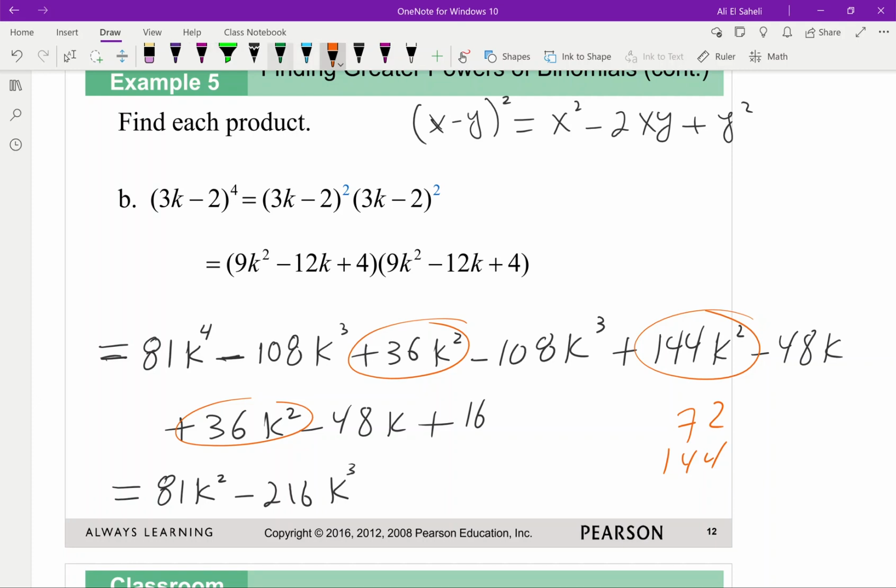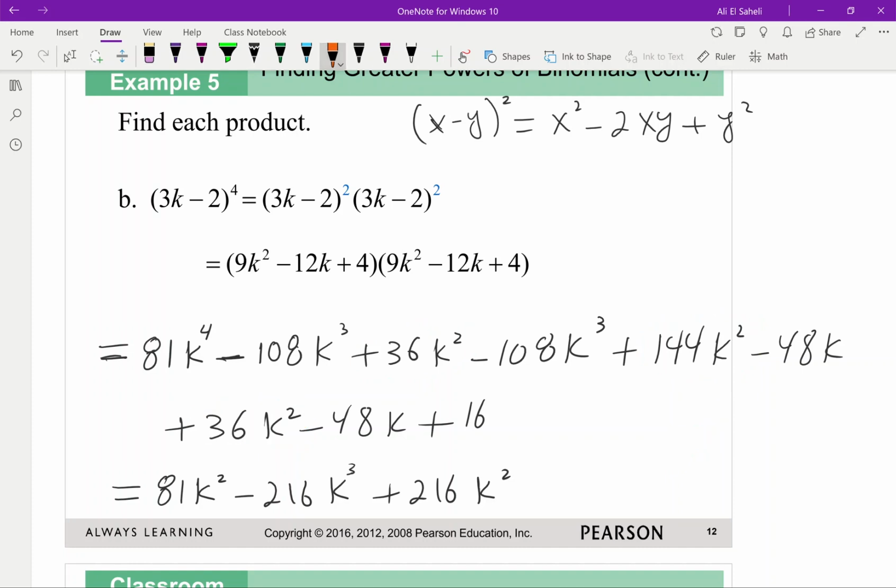So plus 216k squared. Now the k term, we have minus 48 minus 48, so that's minus 96k. And finally, we have one constant term, plus 16.